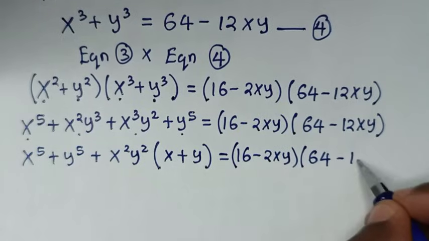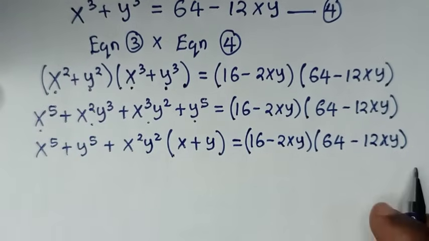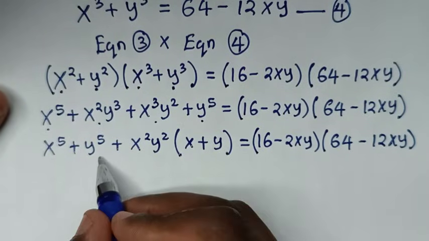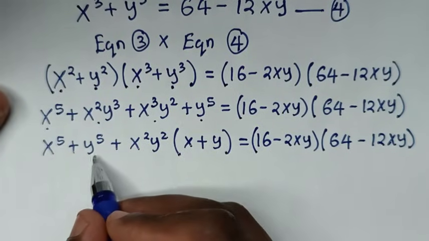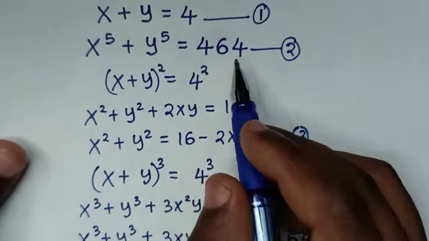Equal to (16 - 2xy)(64 - 12xy). Then in the next step, from here x^5 + y^5 is from the second equation, which is 464.